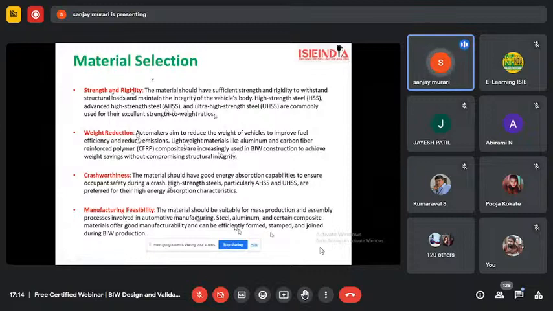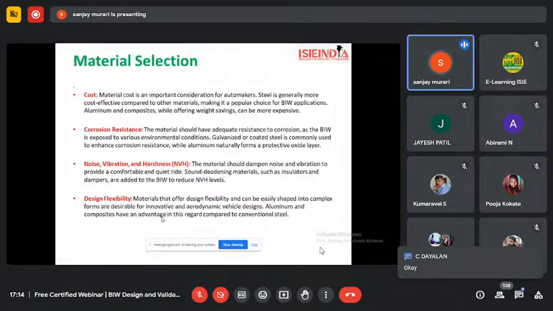Otherwise connections may not be as strong as that of steel. So some other joinery processes are required in the BIW. Because every technology has its own advantages and disadvantages, based on our requirement, we need to select what kind of materials we require.